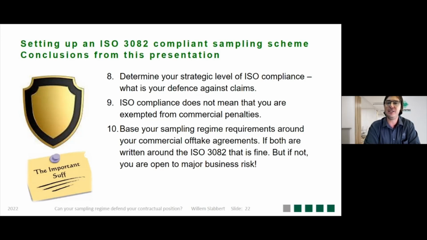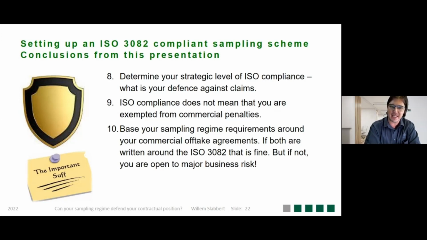Therefore, you must base your sampling regime requirements around your commercial offtake agreements. Specify your average values for each analyte, iron, silica, and the rest, and also the tolerable bias levels or the tolerable precision levels around those averages, and be very clear on penalties or bonuses when writing your offtake agreements.